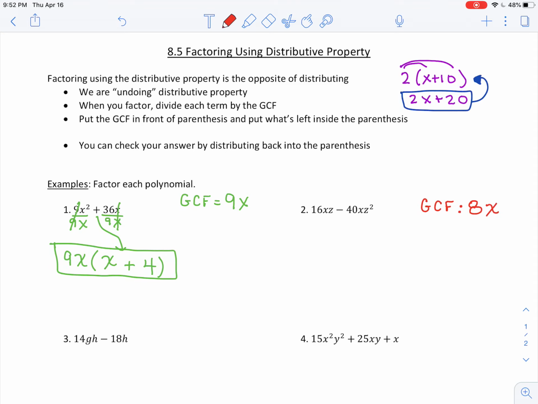Then I have 1z in the first term and z squared in the second term, so they each have a z. So my GCF is 8xz. Again, I'm going to put that in front of parentheses. So I show what I factor out. And then I divide each term by that GCF.